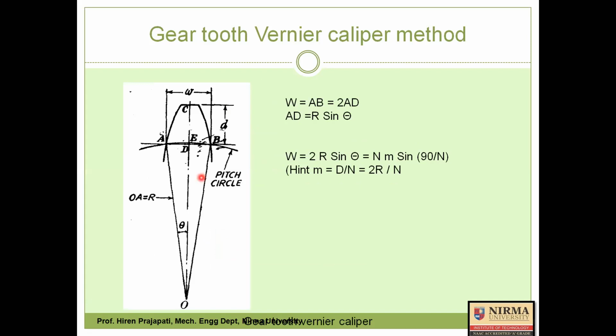Similarly, next we need to also find the equation for the chordal width if the gear tooth thickness is correct. If you look here, this W in this diagram is A to B. Now A to B is equal to 2 times A to D, this much. Now again we use this right angle triangle.